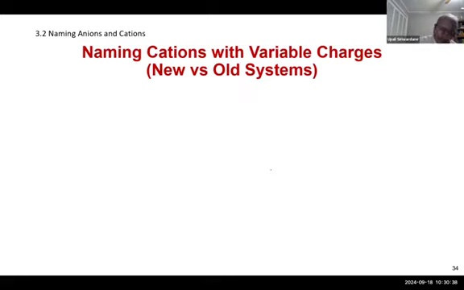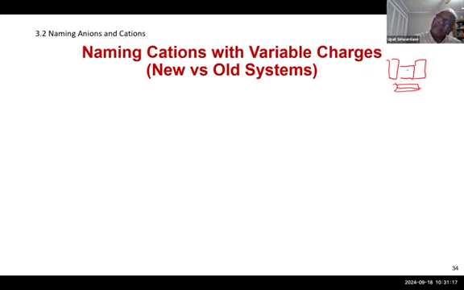Now, we're going to change the topic a little bit. In the periodic table, the main groups, which are the tall groups within the S and P block, if you write down the periodic table, they are lanthanide and actinide.